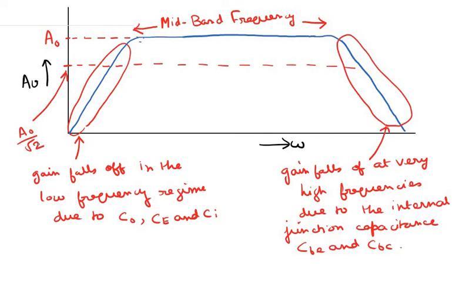And these frequencies at which the gain is 1 by root 2 of the maximum value are known as cutoff frequencies. Let me draw a vertical line over here.